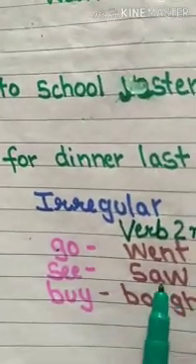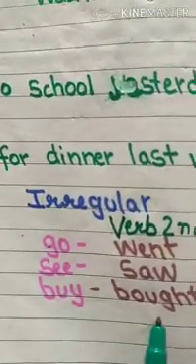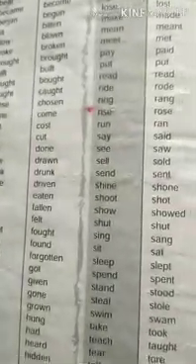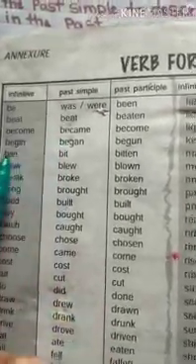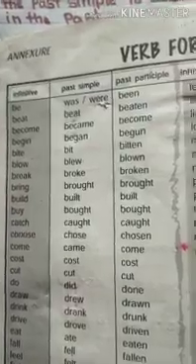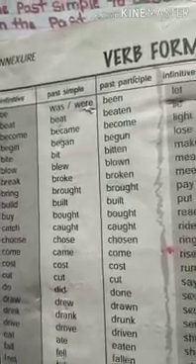See, saw. Buy, bought. So you have to learn these forms. It is given in your book. See the last page, page number 80. So you have to learn the second form of verbs so that you can make sentences easily.